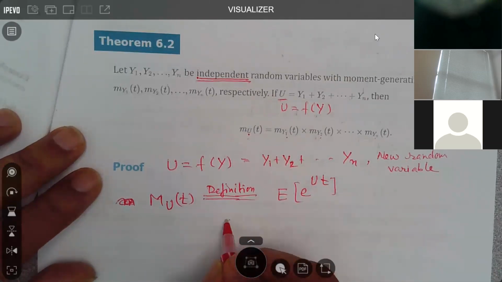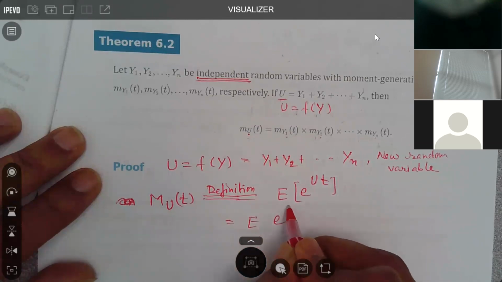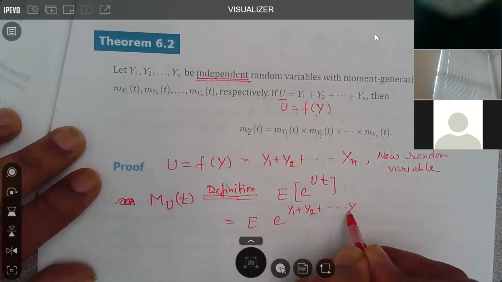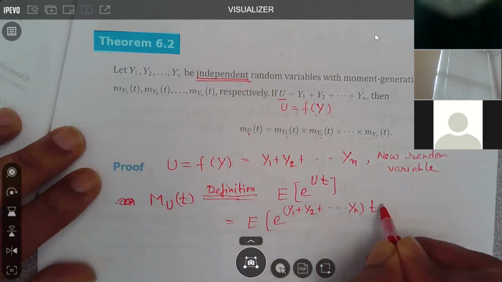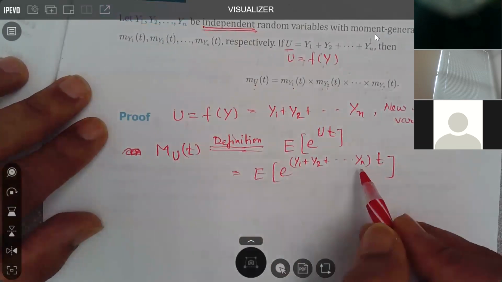Now this is the expected value of e to the power of y1 plus y2 plus yn, times t, right?